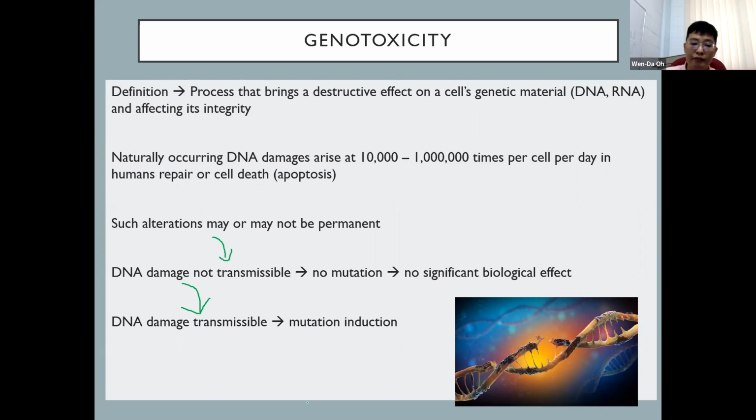Then the mutation will start to happen. You may end up with side effects like cancer, or maybe some good mutation, for instance more resistance to a certain bacteria or infection.